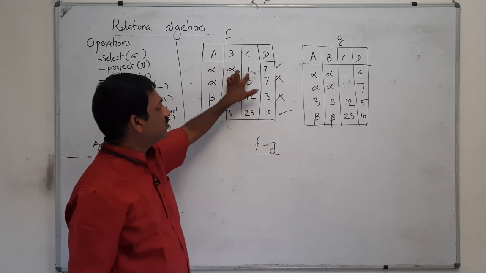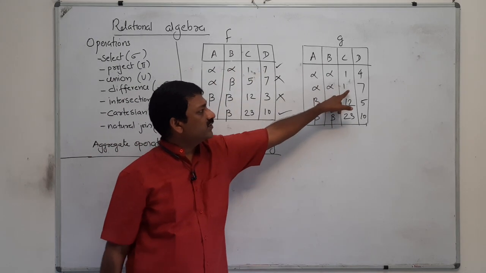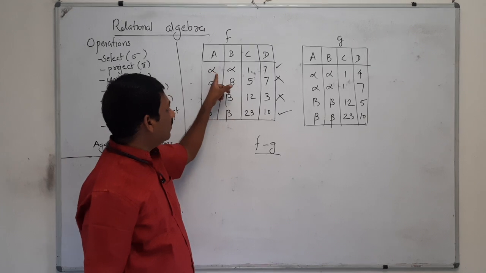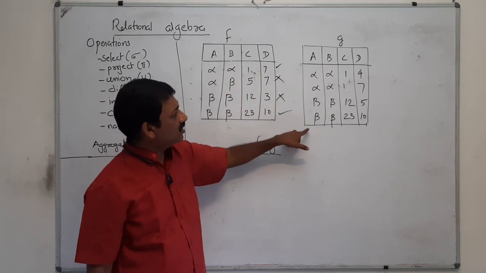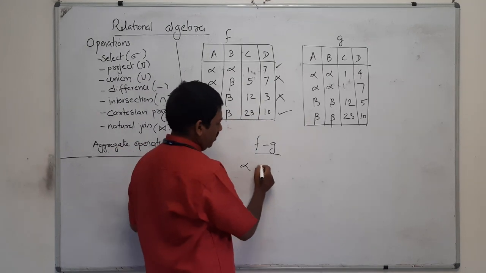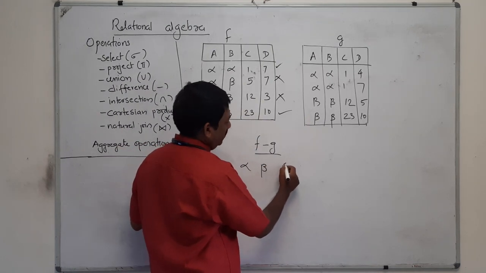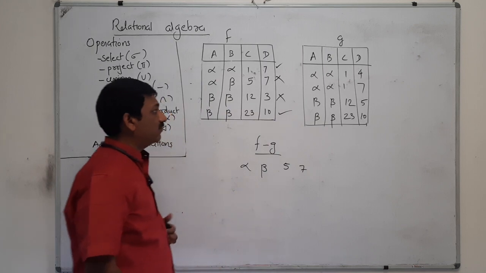Alpha alpha 17 is here, and here also alpha alpha 17 is there, so in F minus G alpha alpha 17 is not there. Alpha beta 5 7 is not here, so alpha beta 5 7 is there in the F minus G.